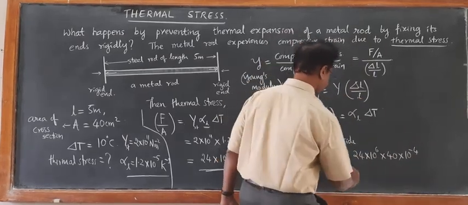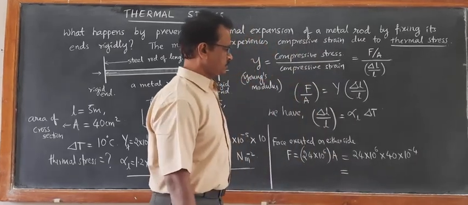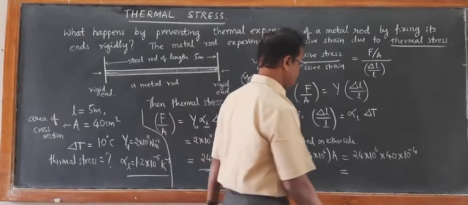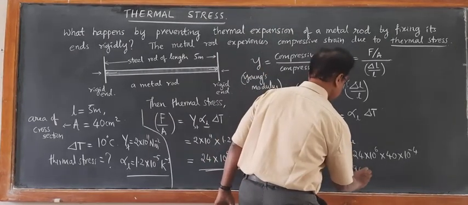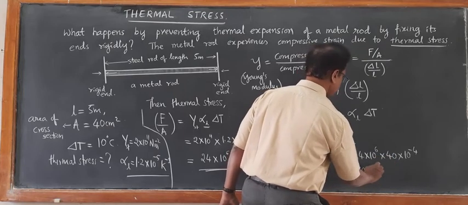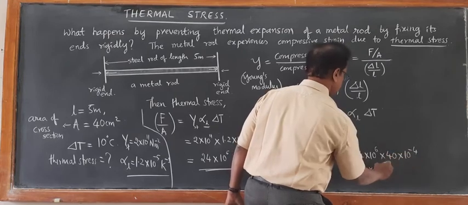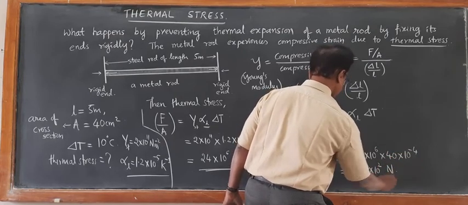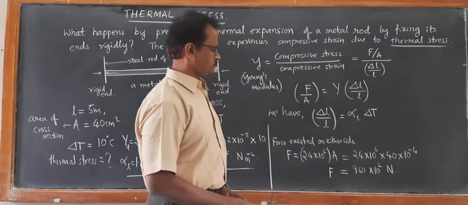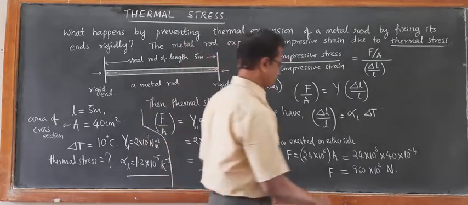So thus it becomes 24 fours are 96, into 10 raised to 2 Newton. So the force exerted is 96,000 Newton.